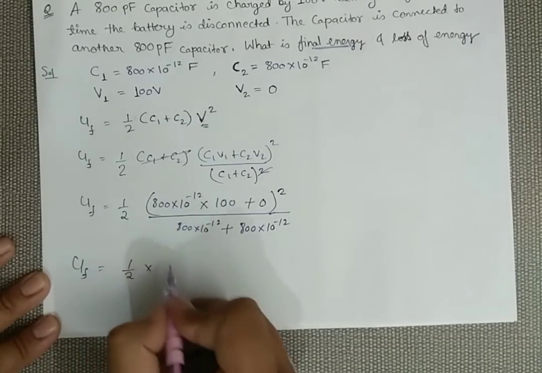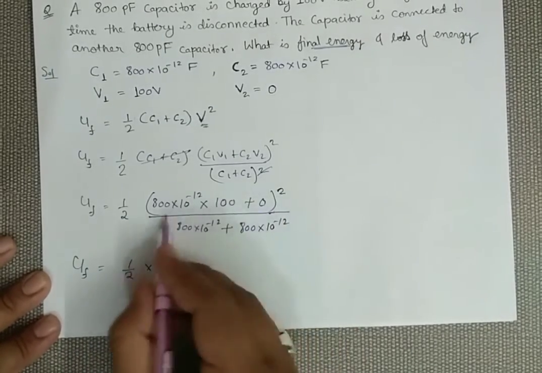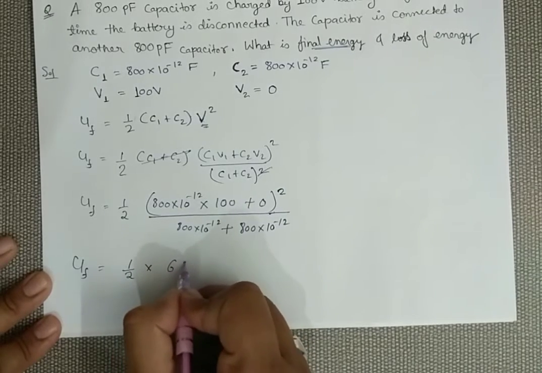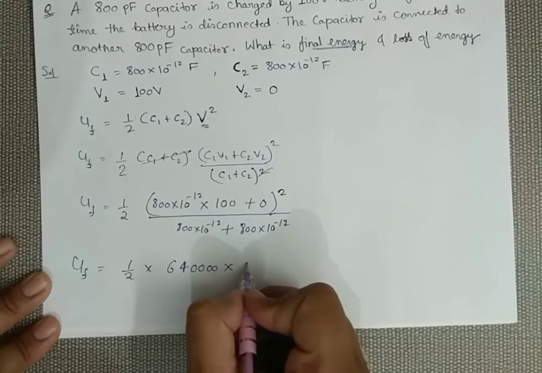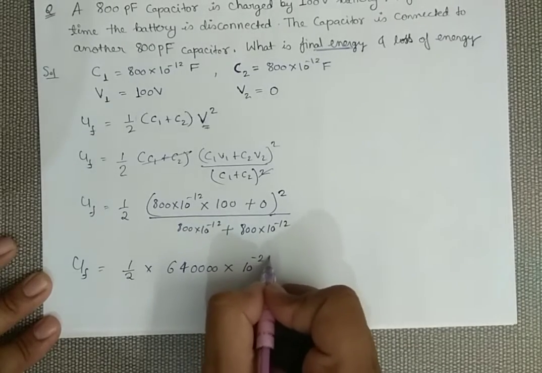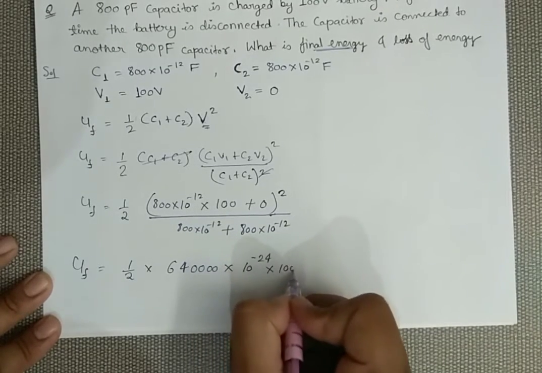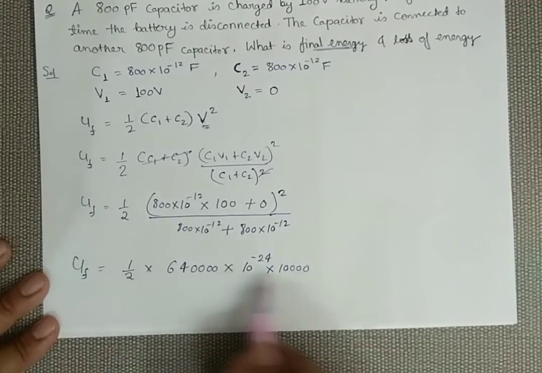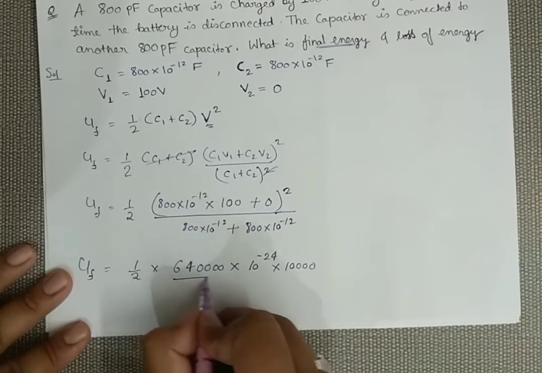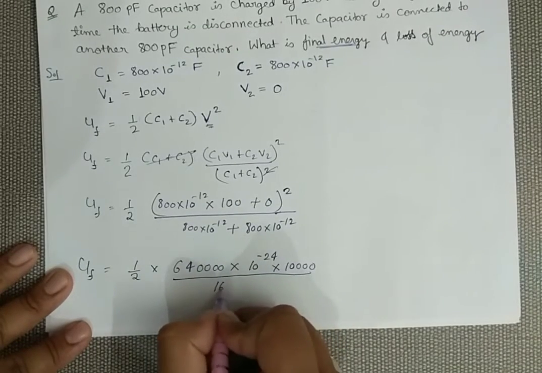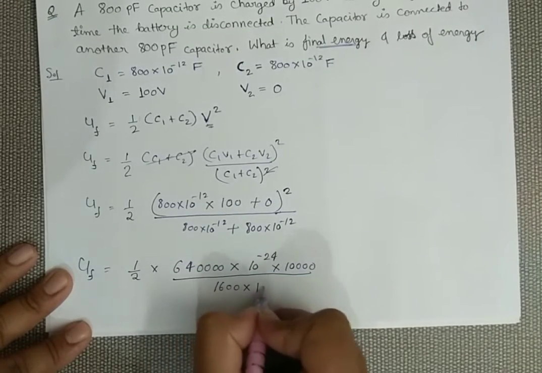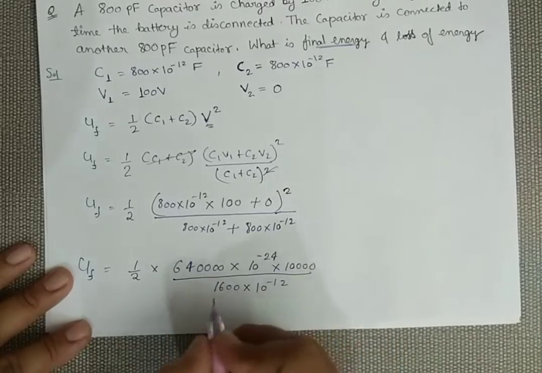So on simplifying, you will get the square of this term, that is 64 into 10 to the power minus 24 in the numerator, and in the denominator you add these two terms. So 800 plus 800, that is 1600 into 10 to the power minus 12.